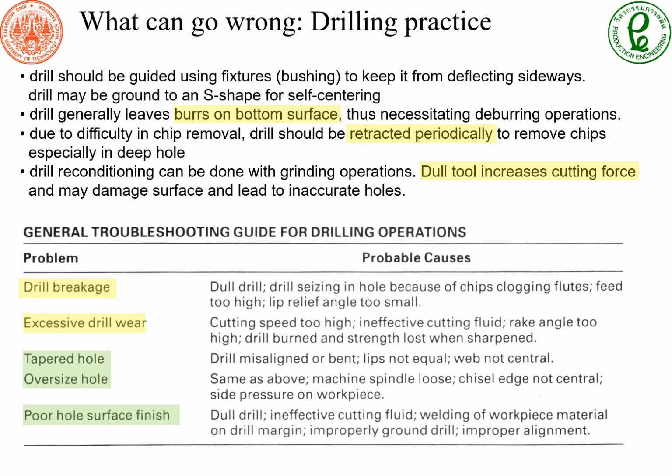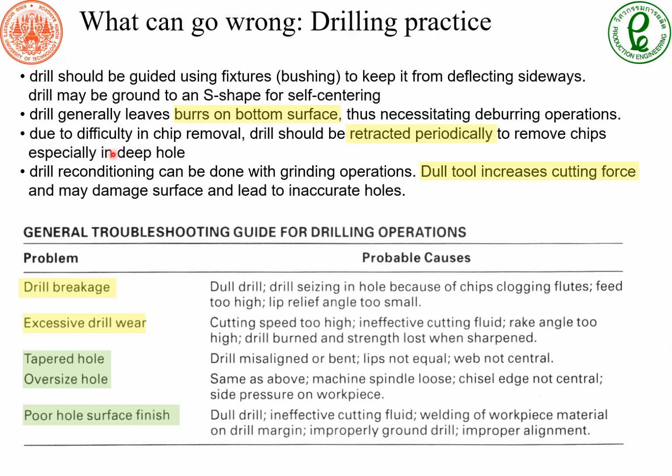What can go wrong with drilling? Basically, the first thing we should pay attention to is that the workpiece must be fixtured properly, must be held properly. Generally, the drill would leave burrs on the bottom surface, so this may require some kind of finishing operation at the end.